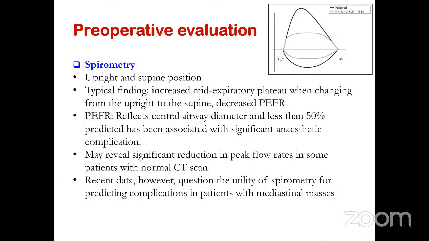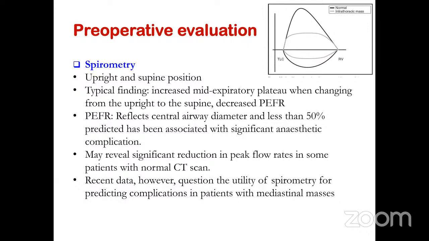Hence, you should always look for PEFR when you are looking at the spirometric results. And it has been found that there is a significant reduction in peak flow rates in some patients, even with normal CT scans. So this means that CT scan is a static imaging. On the other hand, PEFR or spirometry reflects dynamic changes.